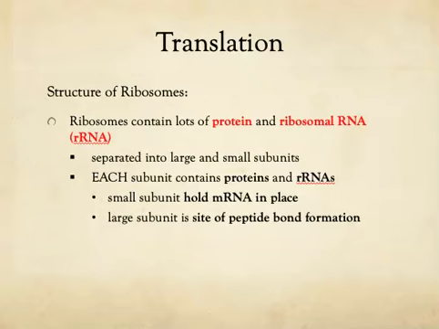Each subunit contains both protein and rRNA. It's the job of the small subunit to hold the mRNA in place and expose one codon at a time. The large subunit has the job of building peptide bonds between incoming amino acids.